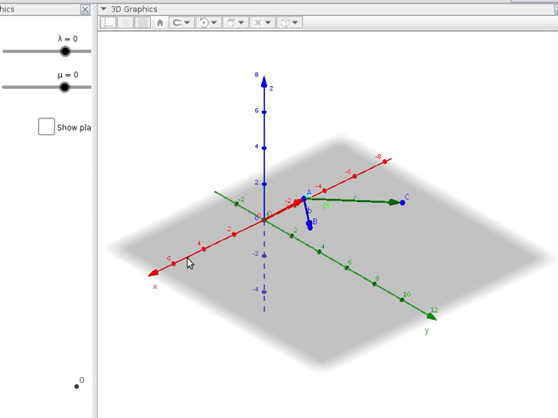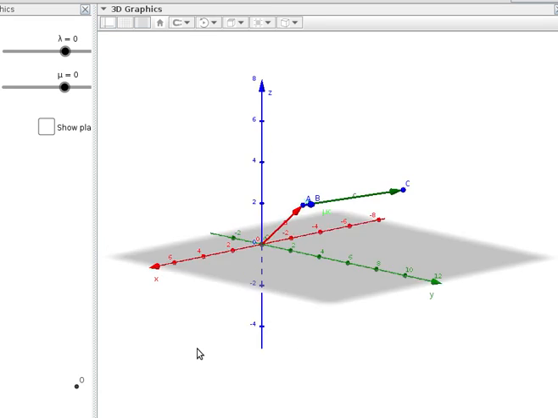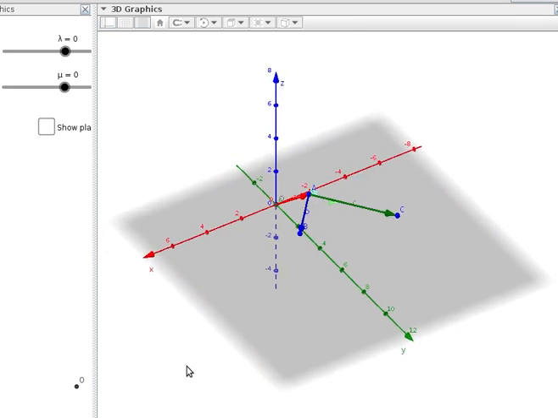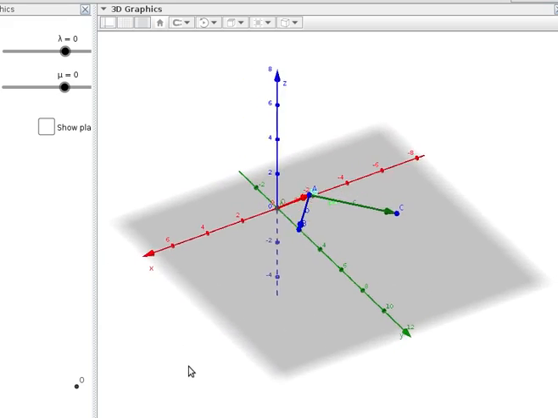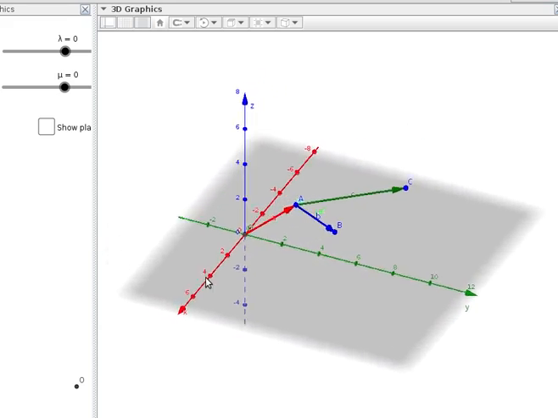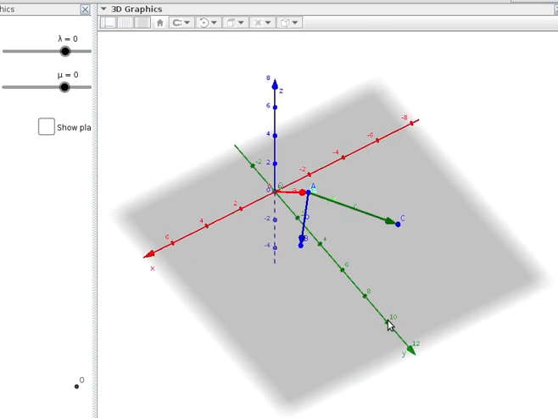I'm starting off with the X, Y, and Z axes, oriented in a way that is familiar to you, hopefully. This gray shaded area actually represents the XY plane. If I shift things around, you can see that gray area is staying consistent with the X and Y plane.